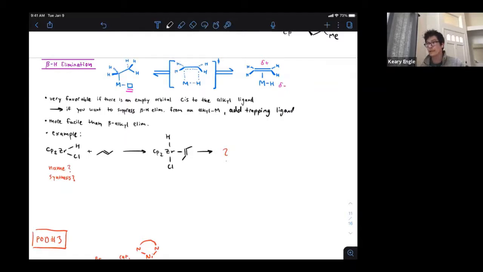Typically, as we'll see in a Heck type process, you'll have an aryl metal migratory insertion, and then you would have beta hydride elimination. A way to prevent beta hydride elimination would be to maintain coordinative saturation.